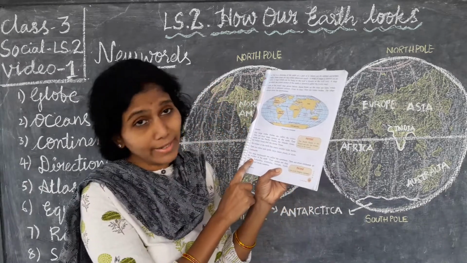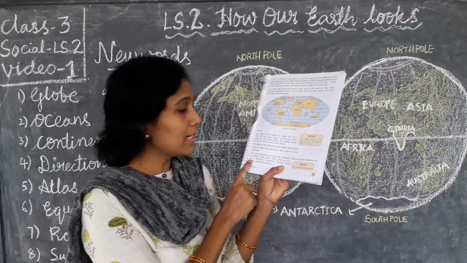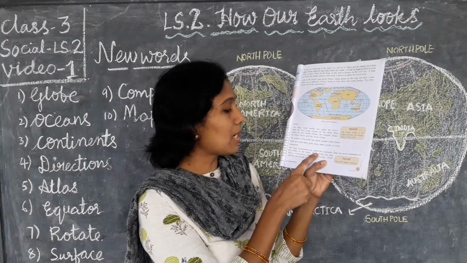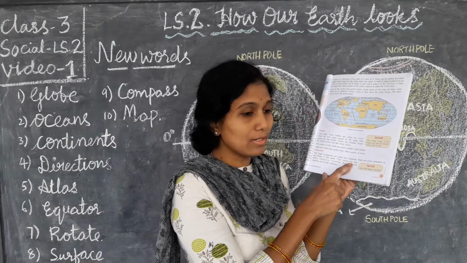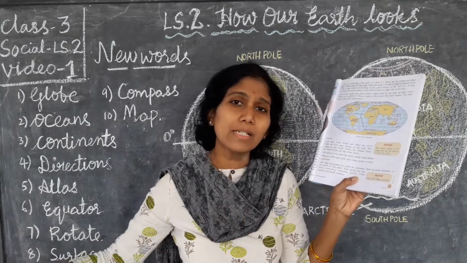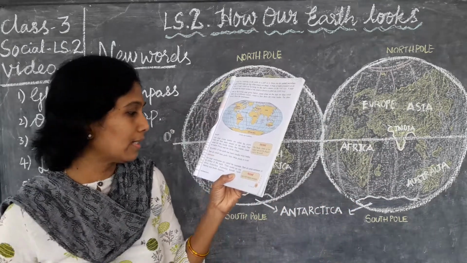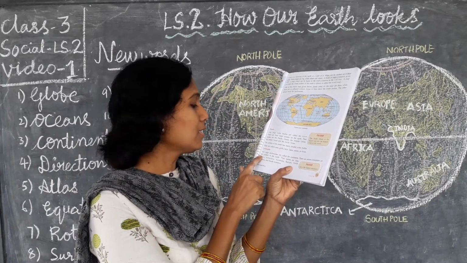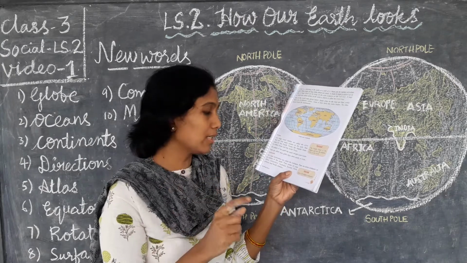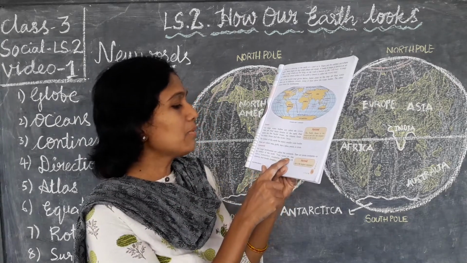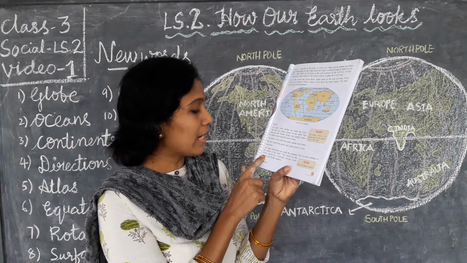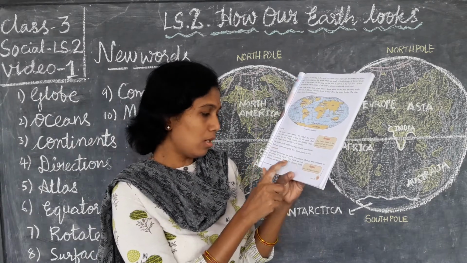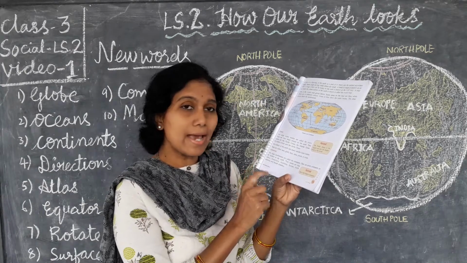Continents, we learned yesterday, no? What are continents? Very large land masses are called continents. There are 7 continents on the surface of the earth. Their names are Asia, Africa, Antarctica, Australia, Europe, North America and South America.